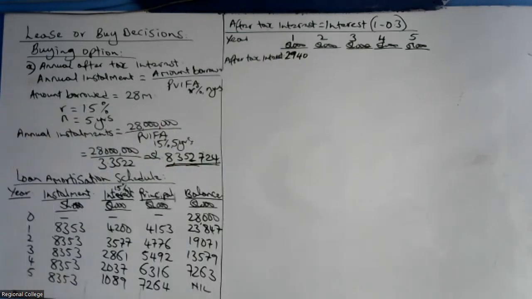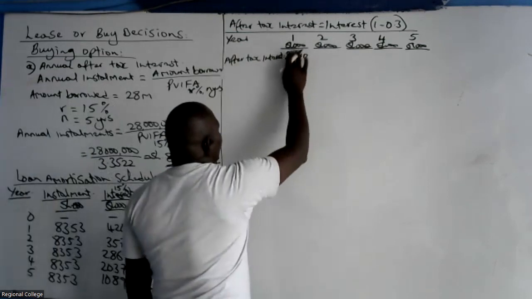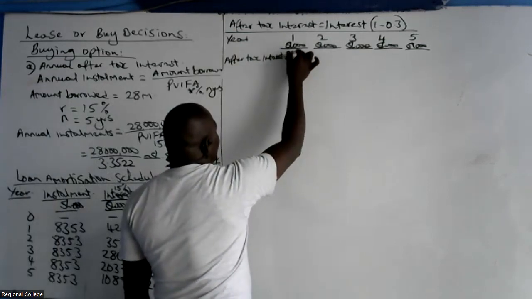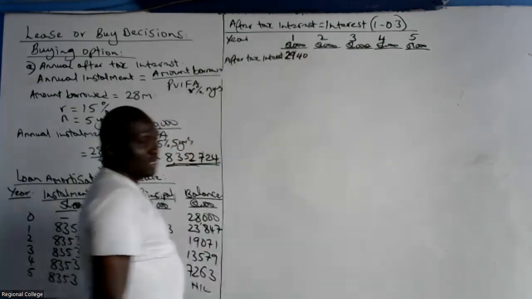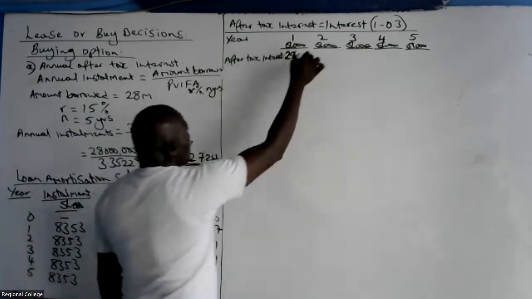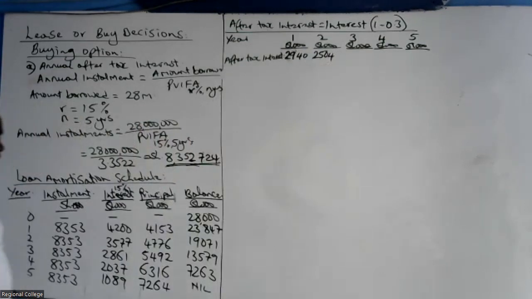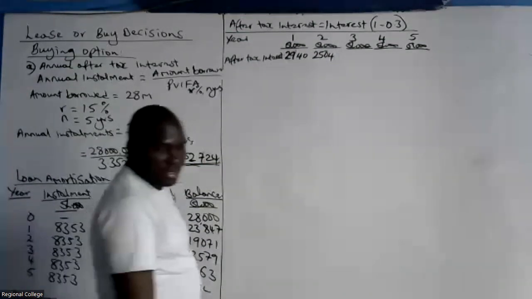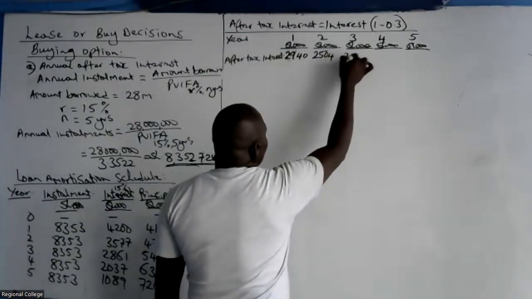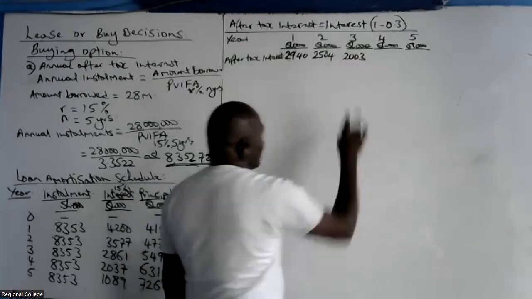In the second year, 70% of 3577, 2504. Year 3, 70% of 2861, 2003.